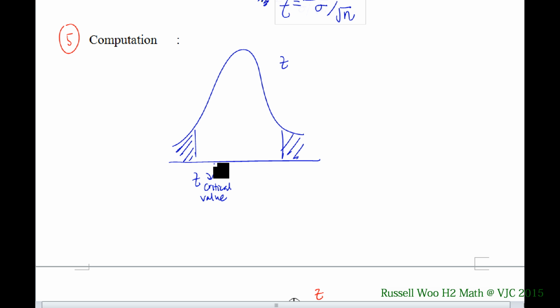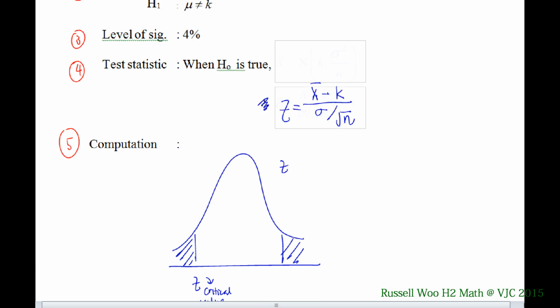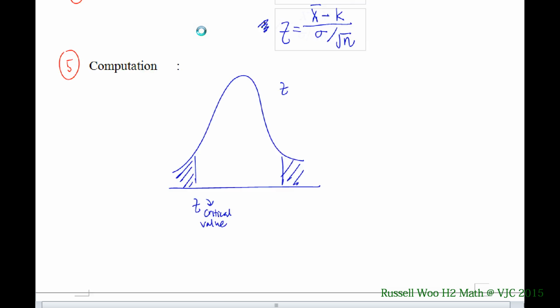Your level of significance is 4%. Now, we all should know by now, if you want your level of significance to be 4%, this rejection region must take on 2% here, 2% here. So, your critical Z value, you just have to inverse norm 0.02, with mean 0 and variance 1.